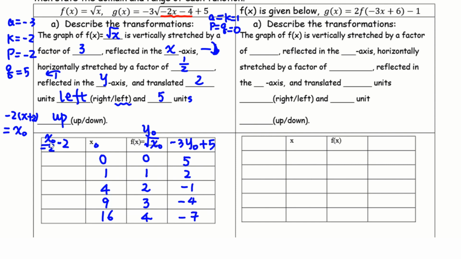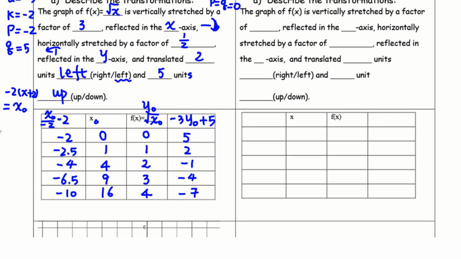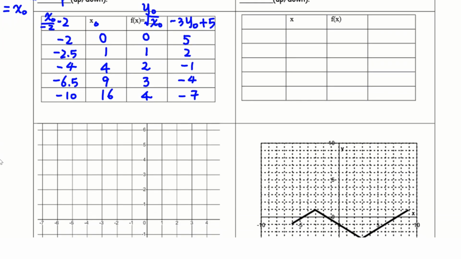And this one is x0 divided by negative 2 minus 2. So 0 gives you negative 2. So this is PQ. And this one, negative 2.5. 4 divided by negative 2 minus 2 gives you negative 4. 7, negative 6.5. 16, 7, negative 10. So they are the 5 points. Then we are going to find those points on the graph.